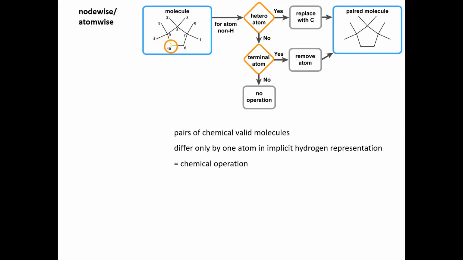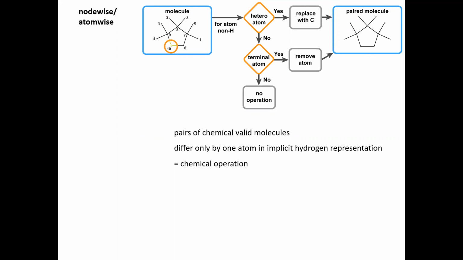If we don't apply a change to non-carbon atoms in the decision tree, I will remove the node if it is a terminal node. But sometimes there's no operation, so sometimes there's no paired molecule, and you might not be able to give an explanation. For example, in the middle of the molecule, you cannot just remove this node and have a chemically valid molecule as a pair.